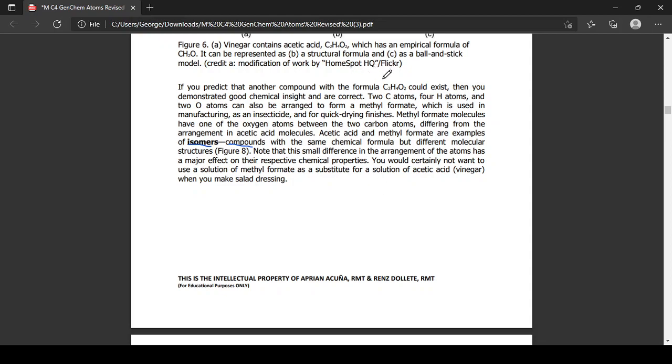Again, it is just a rearrangement of our C2H4O2. But this rearrangement can give different molecular structures with different chemical properties.